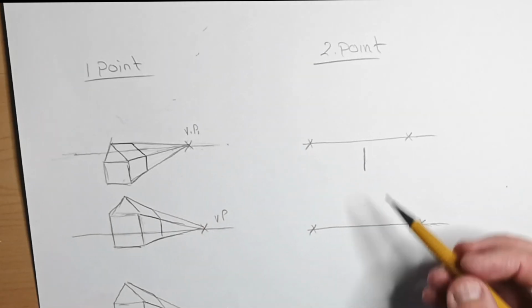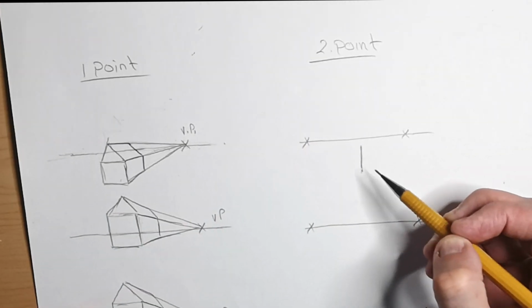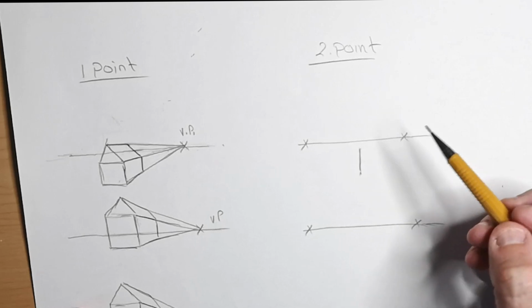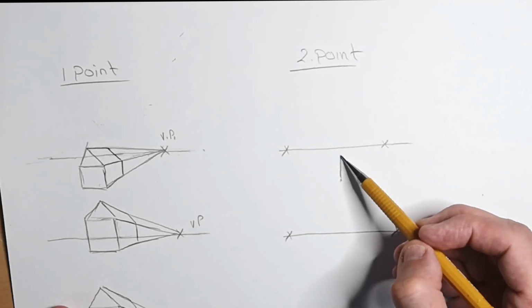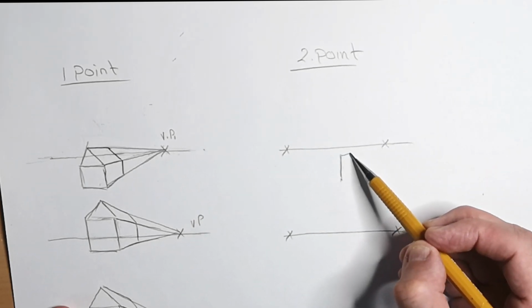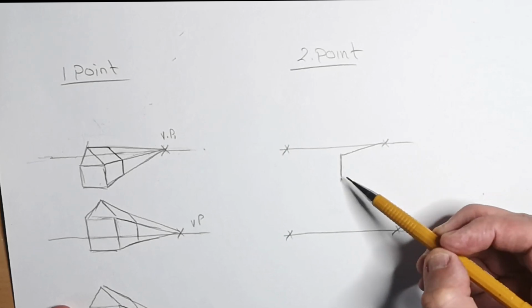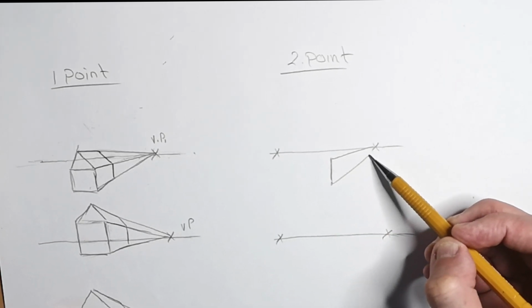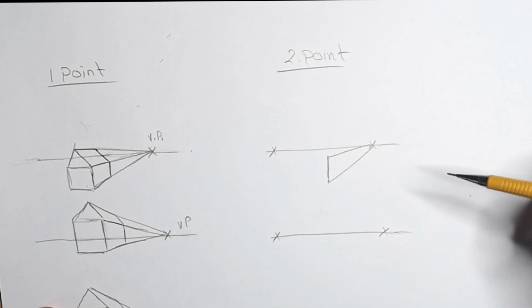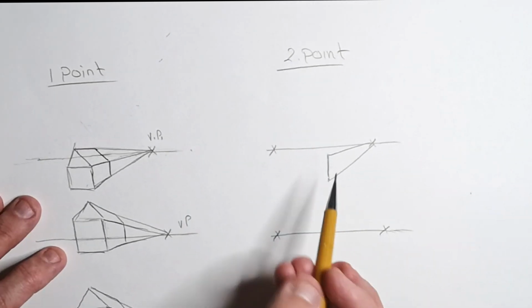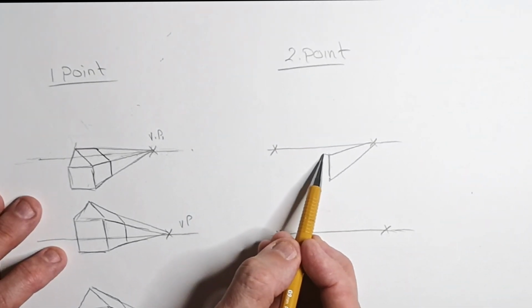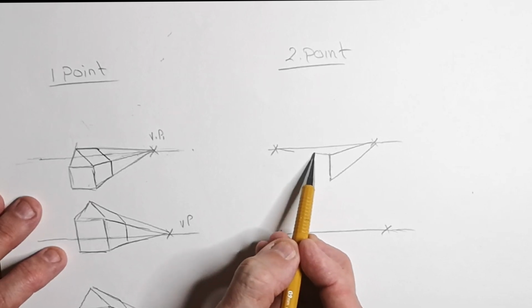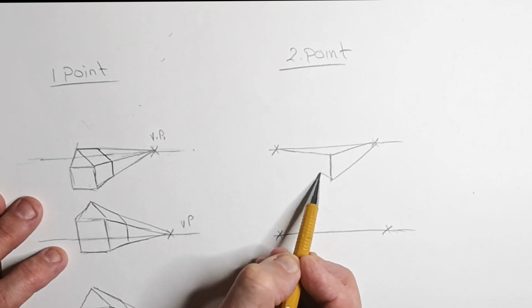So we do one line there, and then we do the same thing as we join that line to that vanishing point, that line to that vanishing point, and then we do it to the left hand side also.